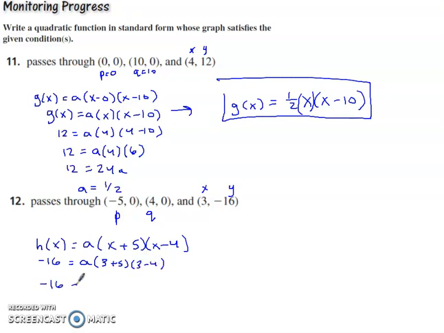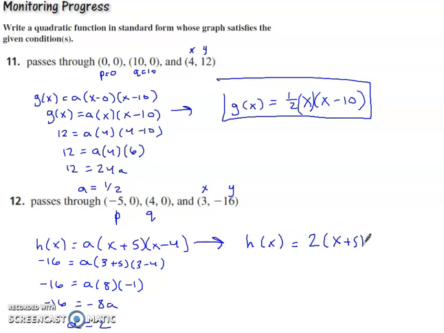So -16 is equal to a times 8 times -1, which tells me that a is going to be 2. So my equation, I need to go all the way back up to h of x. h of x is equal to 2 times (x + 5) times (x - 4).